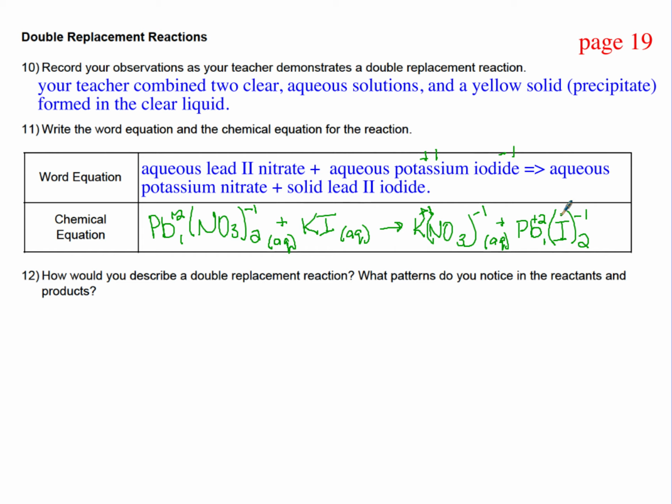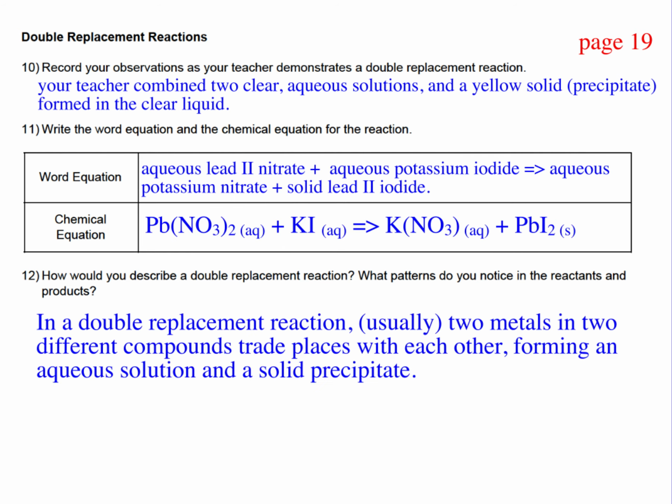And then how would I describe this reaction? Well, in this case, I have 2 compounds, and you'll notice that the Pb and the K switch places. When that happens, I get K with the NO3 now, and Pb with the I, right?